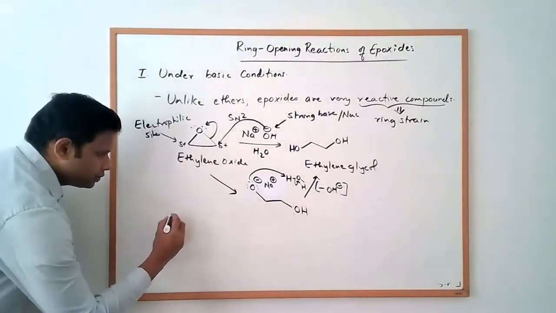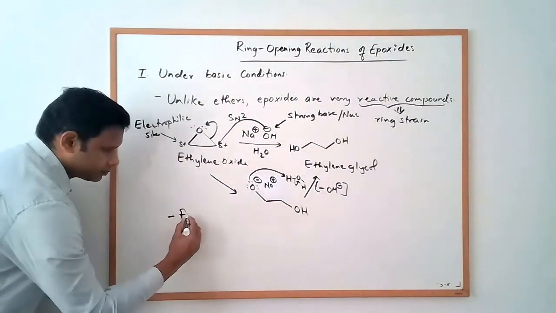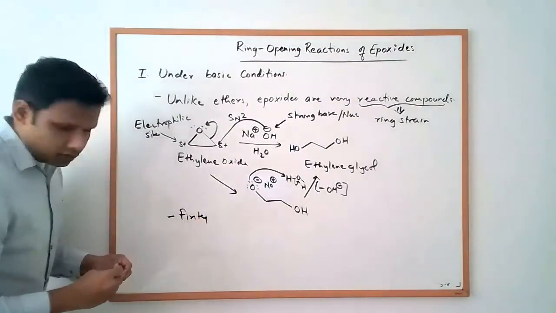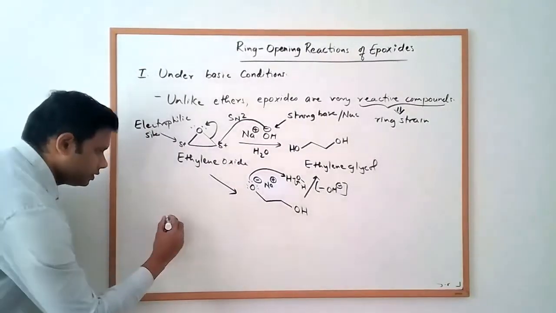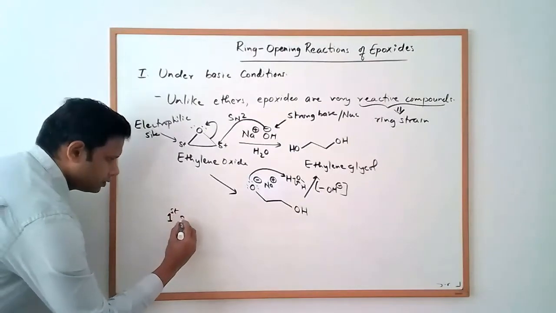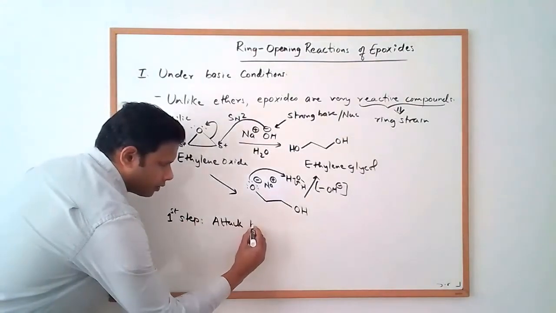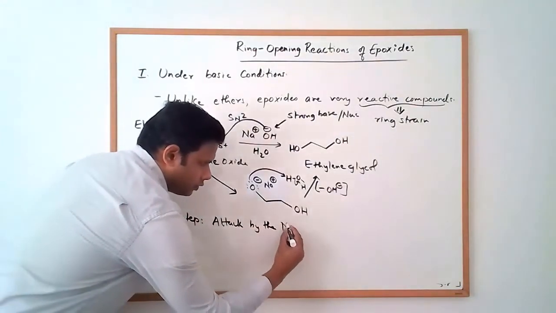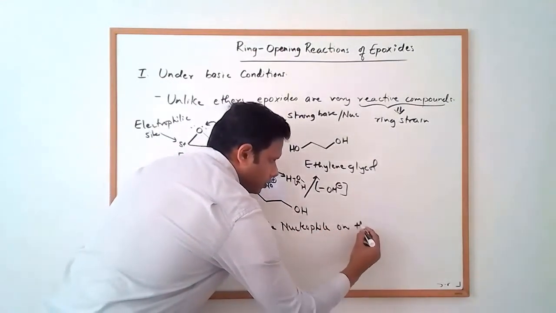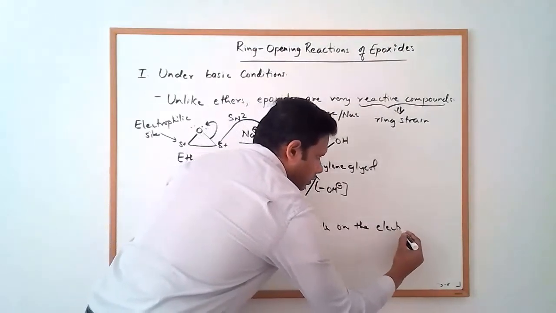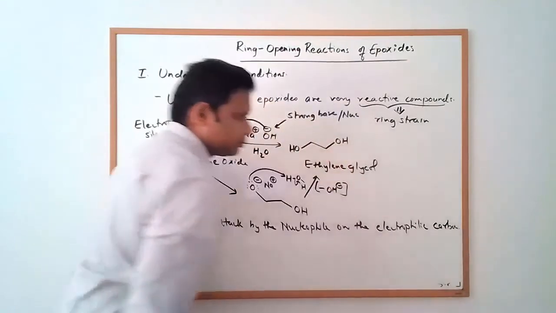So essentially, two steps are involved in this reaction. The first step is the attack by the nucleophile on the electrophilic carbon.